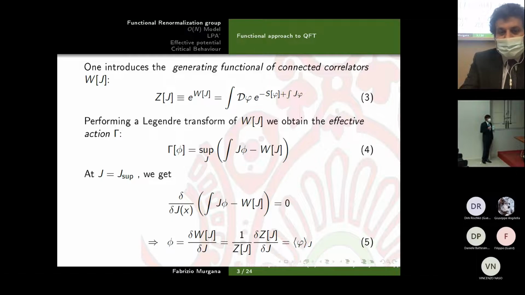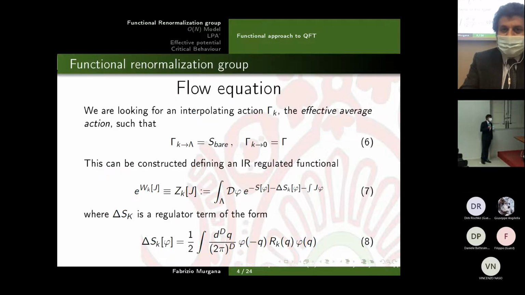And it can be seen as the generating function of one-particle irreducible vertices. Just to have a glimpse on what this phi is, if you take the functional derivative with respect to J of that expression, you end up with phi equal to the expectation value of the field in presence of the source J.